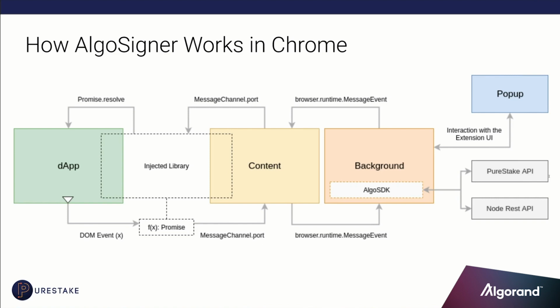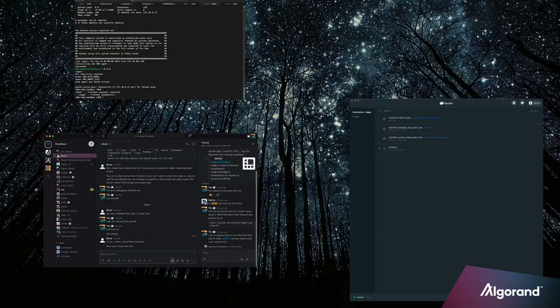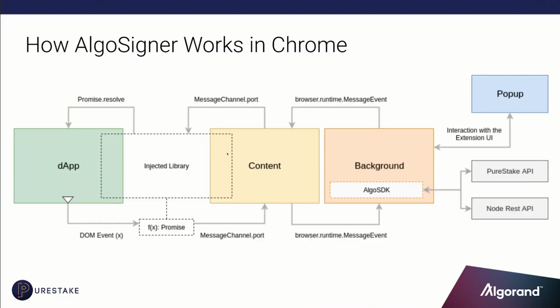We're using our own API, but it's not a modified one. It's not a custom one. It's just the same Algorand API that you run on any node. That's what we're connecting to. And that's basically how an extension works and how it communicates between all parts of the extension.